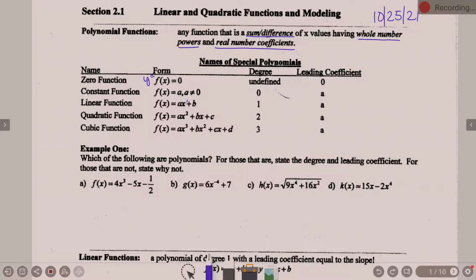So A, f of x equals 4x cubed minus 5x minus 1/2. First of all, we've got to think, do we think that this is a polynomial? Does it meet that definition of a function that is a sum or difference of x values having whole number powers and real number coefficients?